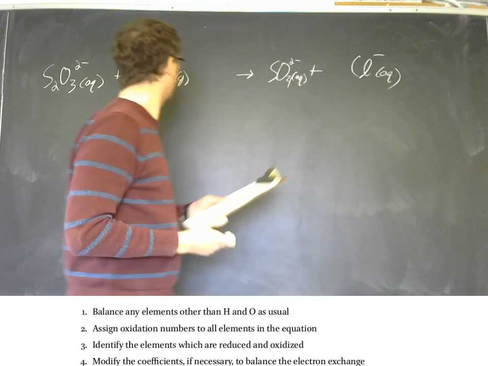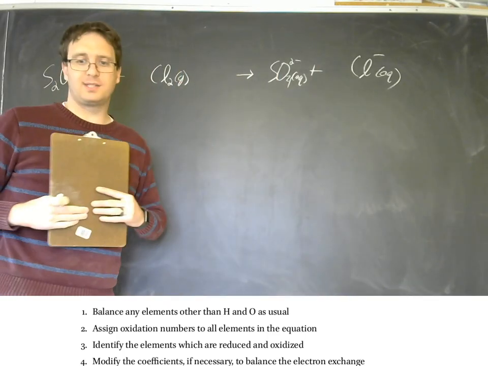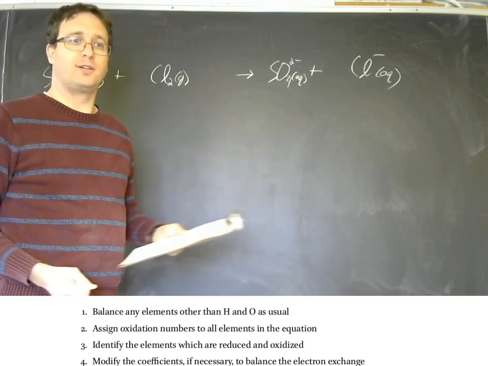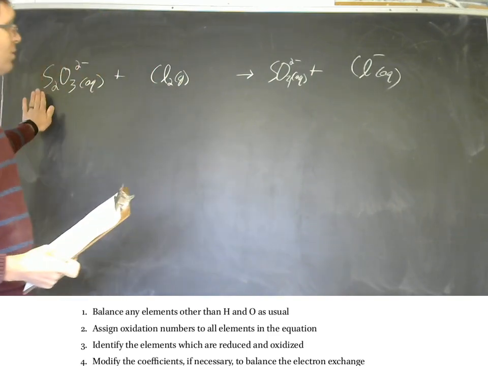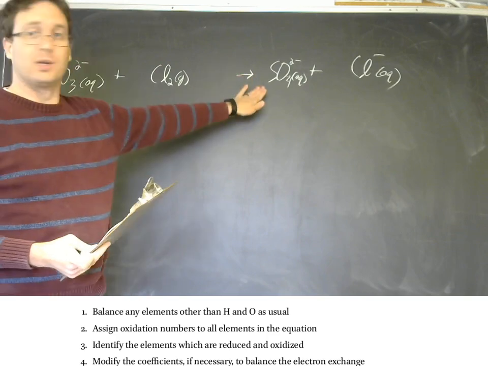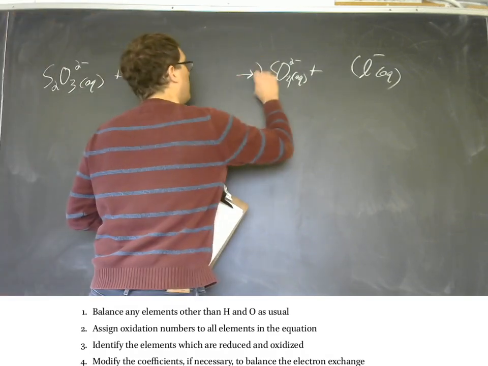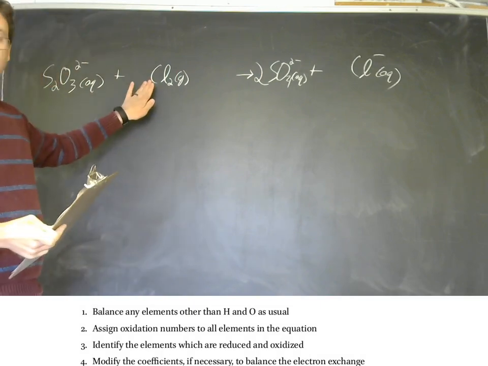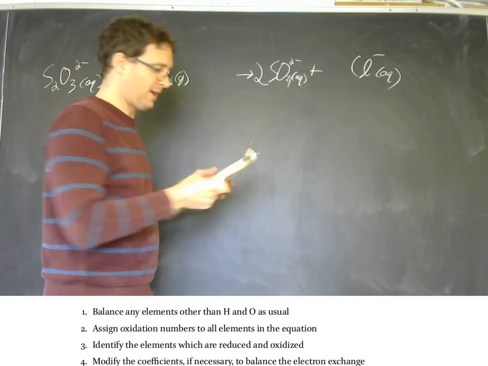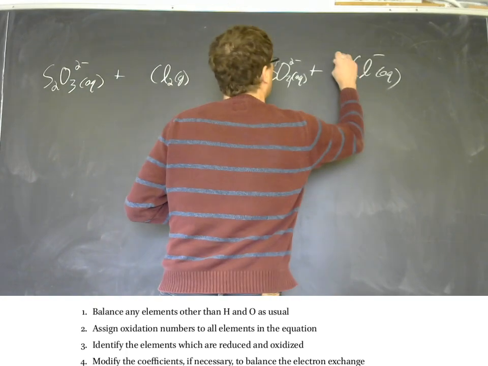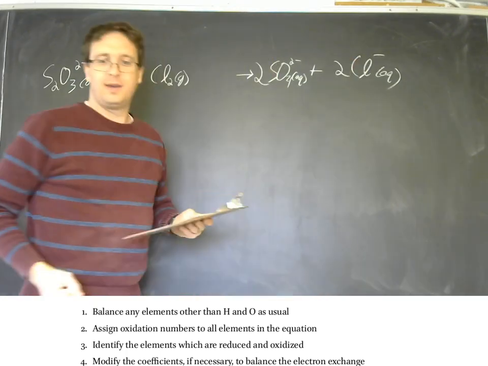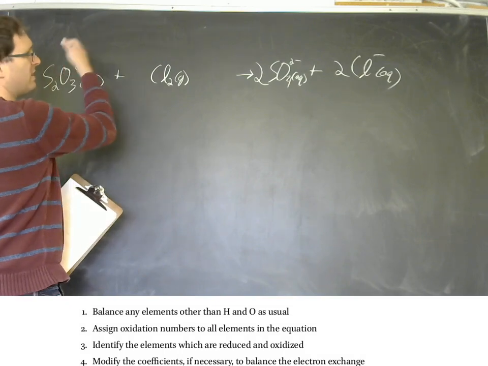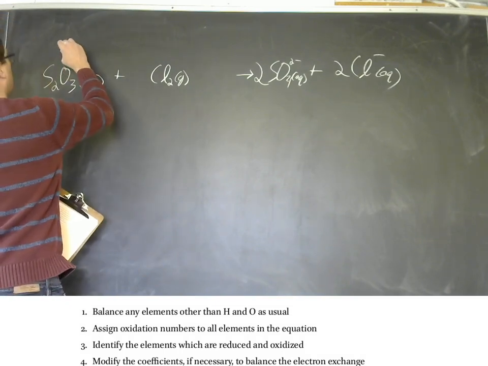Okay, so our first step is to balance any of the non-oxygen and hydrogen elements. For example, I've got 2 sulfurs over here and only 1 here, so let's put a 2 right there. And then I've got 2 chlorines over here and only 1 over there, so let's put a 2 right there. Next we're going to assign oxidation numbers. So oxygen, when it's in a compound, is always going to be -2.